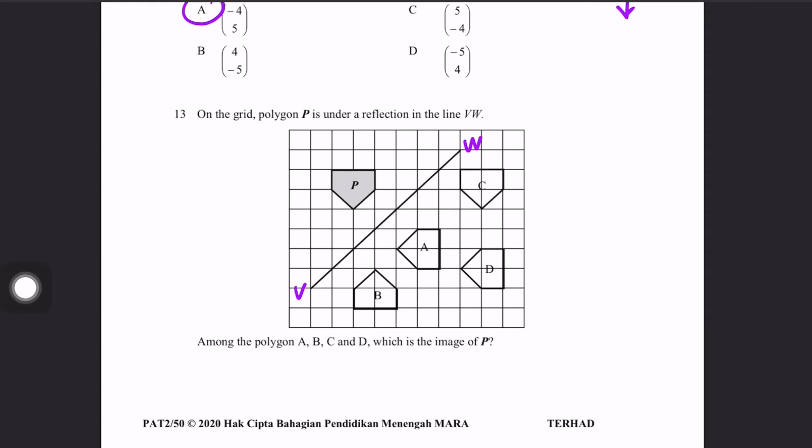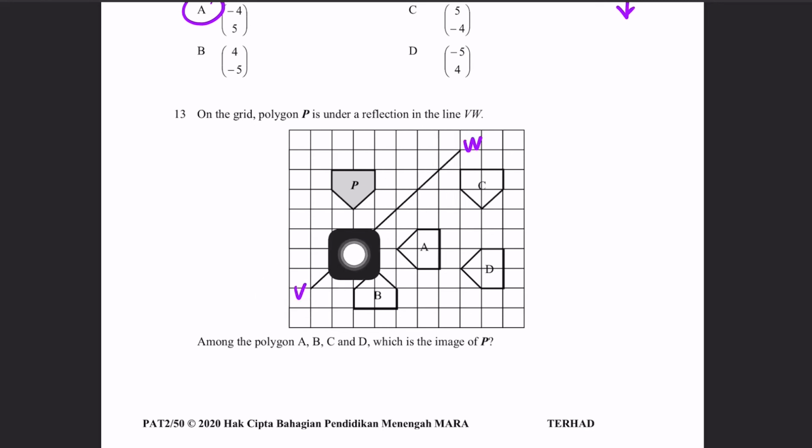Okay, so nak mudah, to find the object if we have reflection like this, awak pilih mana-mana point. Okay, dia ada dua cara, saya tunjuk cara yang pertama dulu. Cara yang pertama, saya suka gerakkan dia ke arah cermin ni.